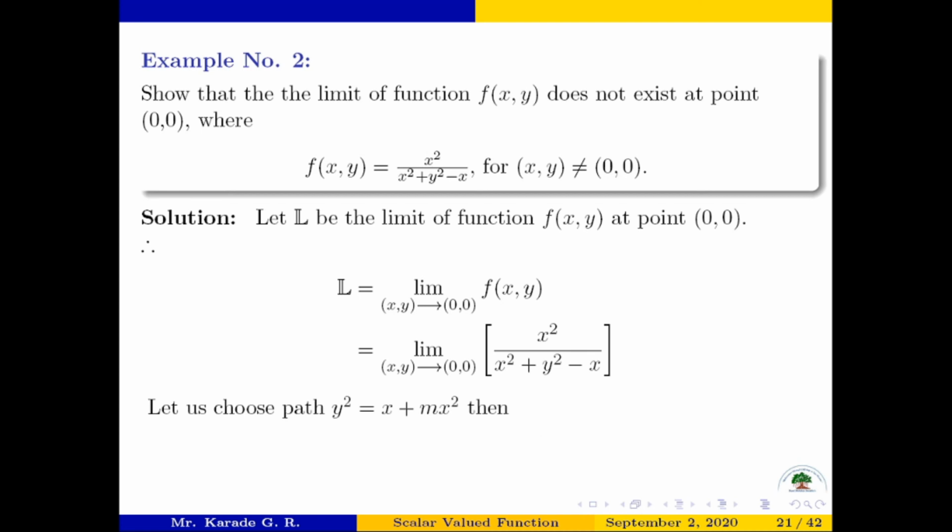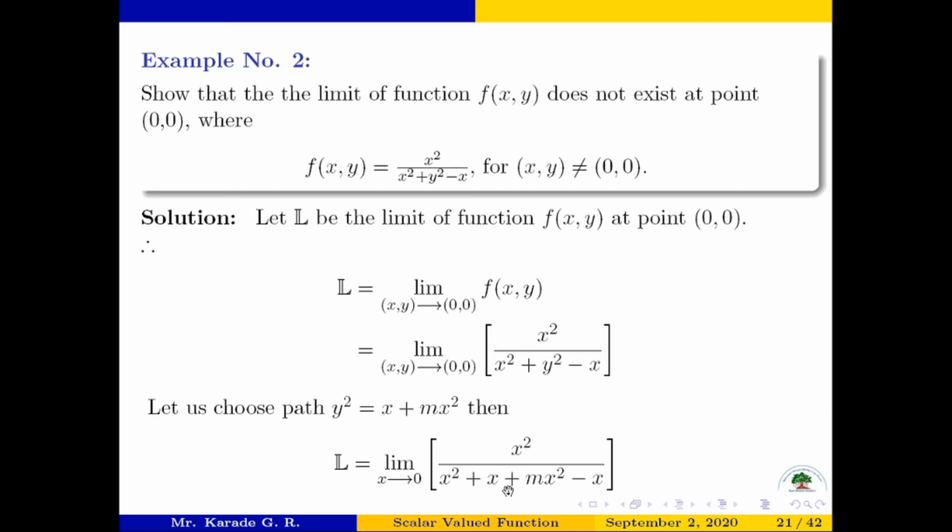If I choose it like this, then see what will happen. Then L equals the limit as x tends to 0. Now everything will come in terms of x, that is why we are writing only x tends to 0. The limit as x tends to 0 of x square divided by x square plus mx square minus x.